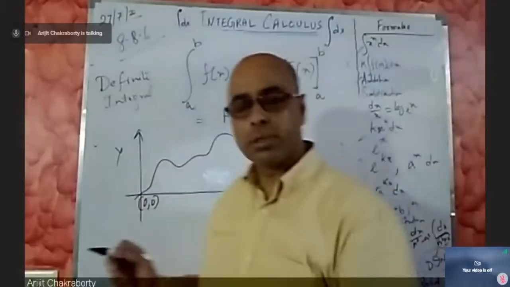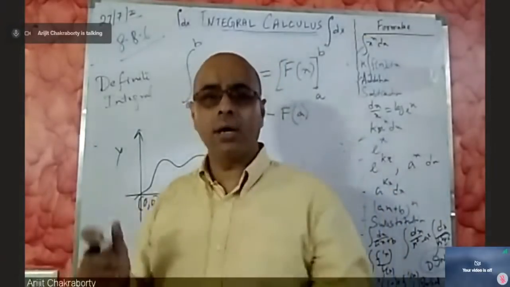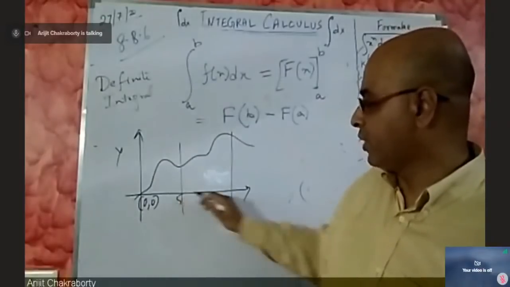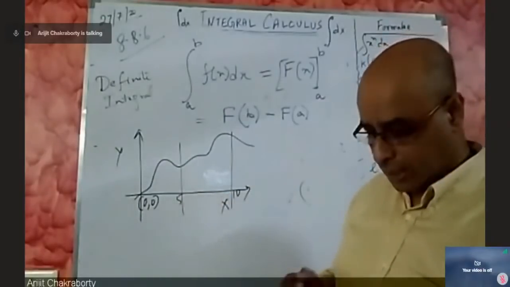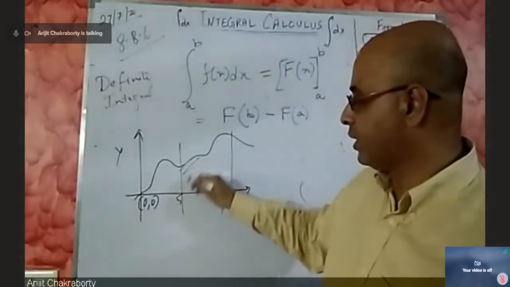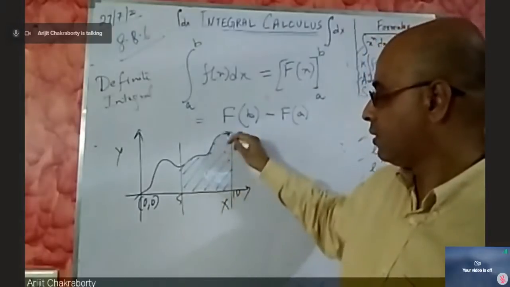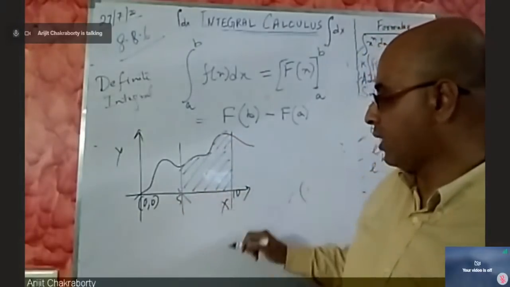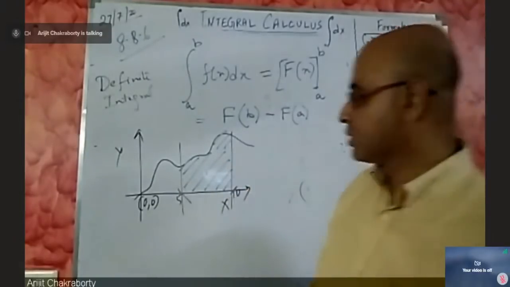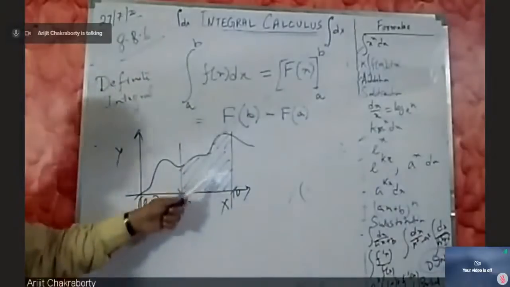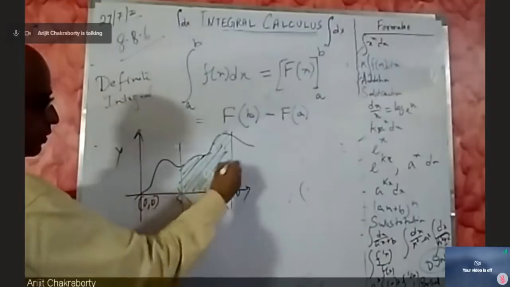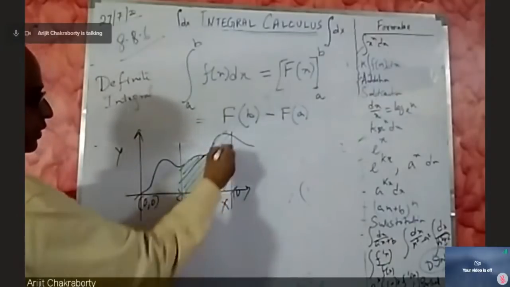Now, if you are told to find the area of the curve, say between x is 5 and x is 10, the area of the curve between x equal to 5 and x equal to 10, I have shaded it. This is the area.